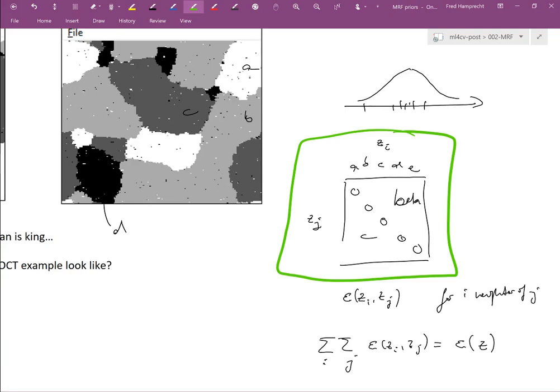If you want to learn these numbers from data, you have images that are fully annotated by somebody, and then you ask how likely is pixel 1.1 to belong to class A in order to get the prior to make this picture.